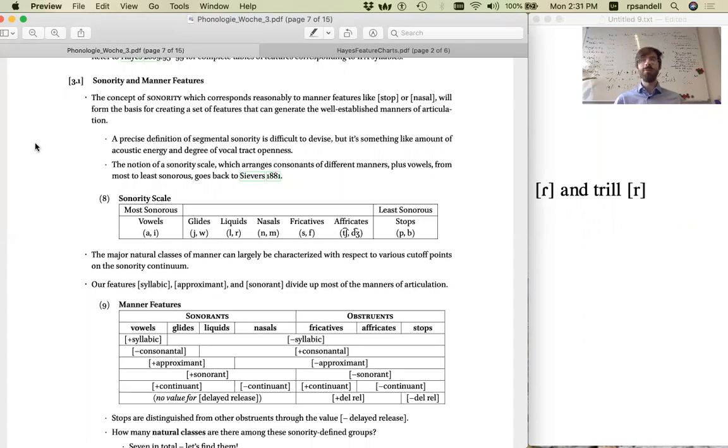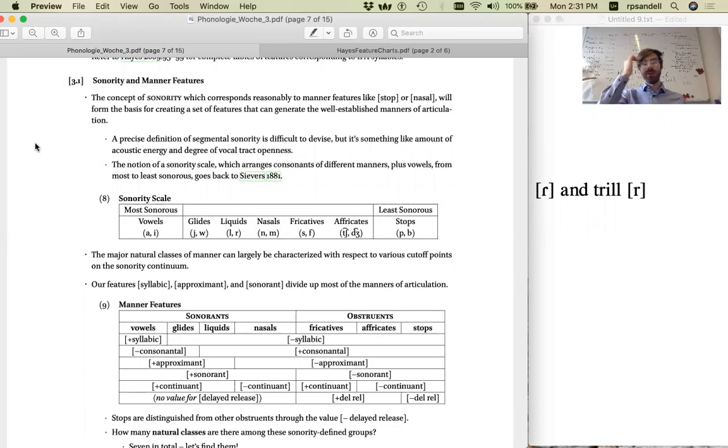So at extremes, in terms of sonority, you can talk about voiceless stops as opposed to vowels. Vowels are very open. If you look at a spectrogram, there's a great deal of acoustic energy there to be seen. Whereas with a voiceless stop, there's no vibration happening, no airflow happening at that moment until after the stop closure is released.